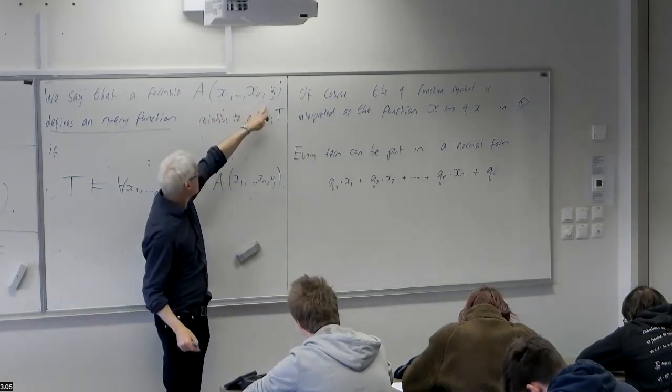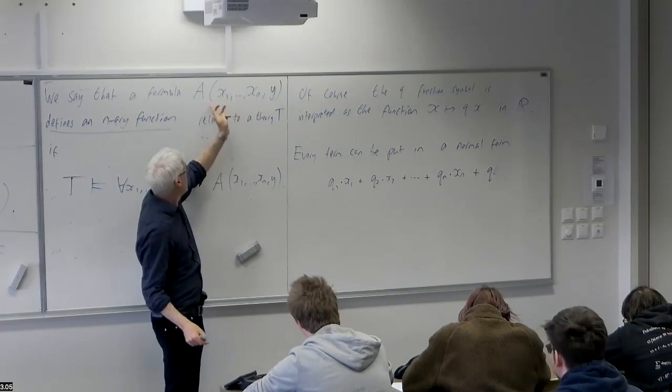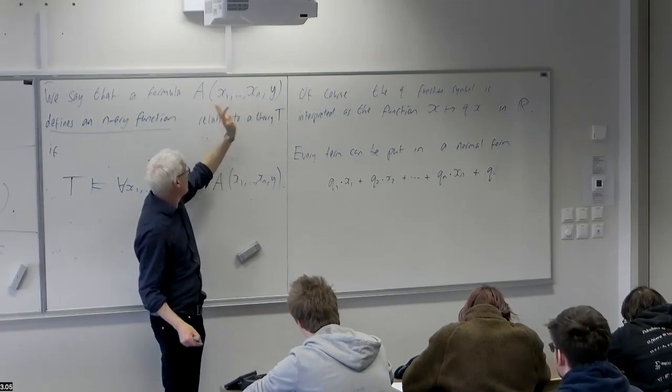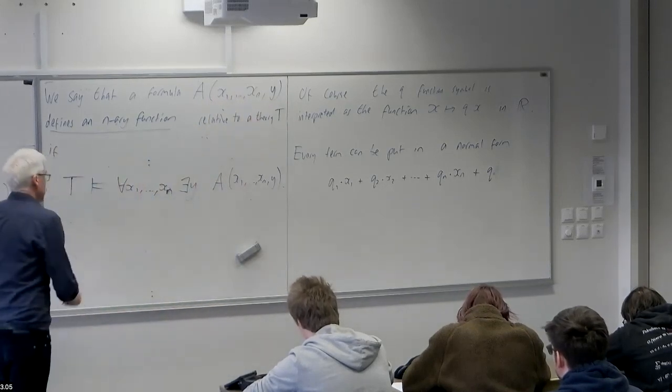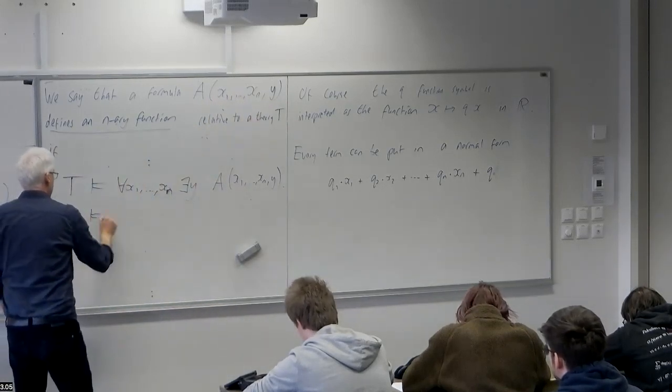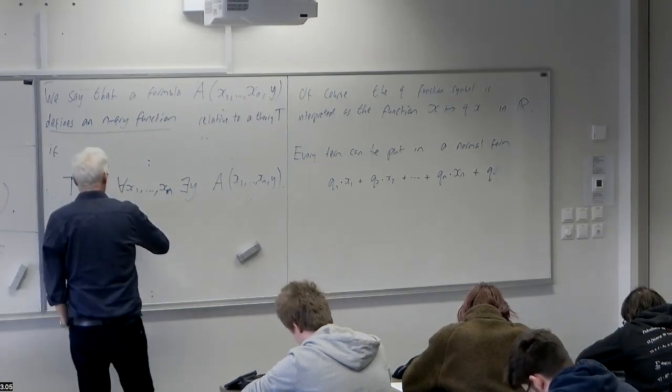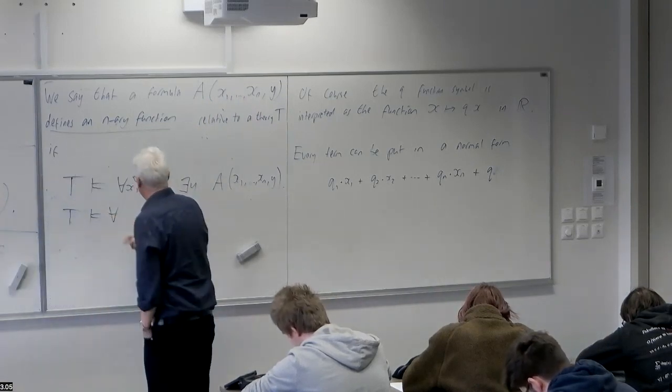Remember, again, this notation is saying that all the free variables in A belong to these variables that I've mentioned. So that's that the existence holds, and secondly, the uniqueness property holds.